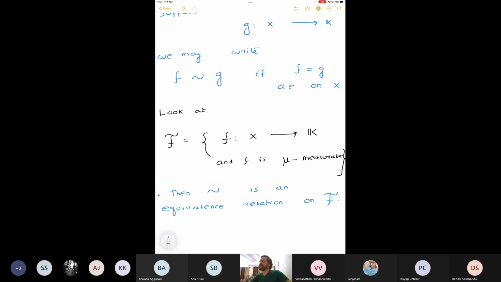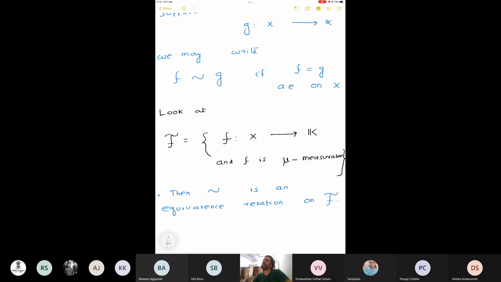If F is equal to G almost everywhere and G is equal to H almost everywhere, what is the meaning? F equal to G almost everywhere means you can throw away a set A of measure 0 from X, and excluding that set, F is equal to G on X. Do you follow? Yes, sir.